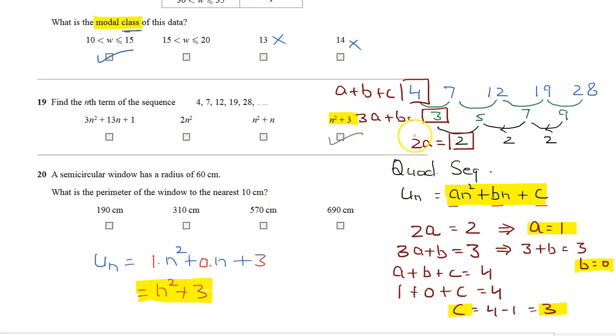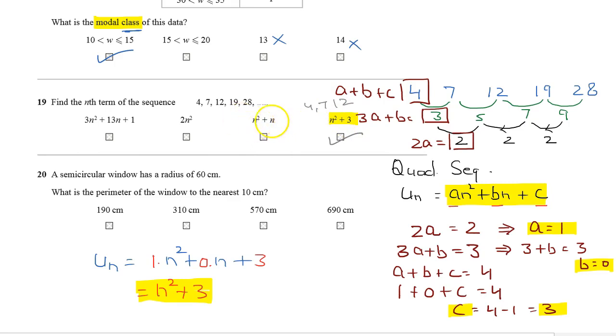There's another method if you are unable to do it, although I don't recommend that. Try to put the value, say 1. 1 square is 1 plus 3, 4. 2 square is 4 plus 3, 7. 3 square, 9 plus 3, 12.